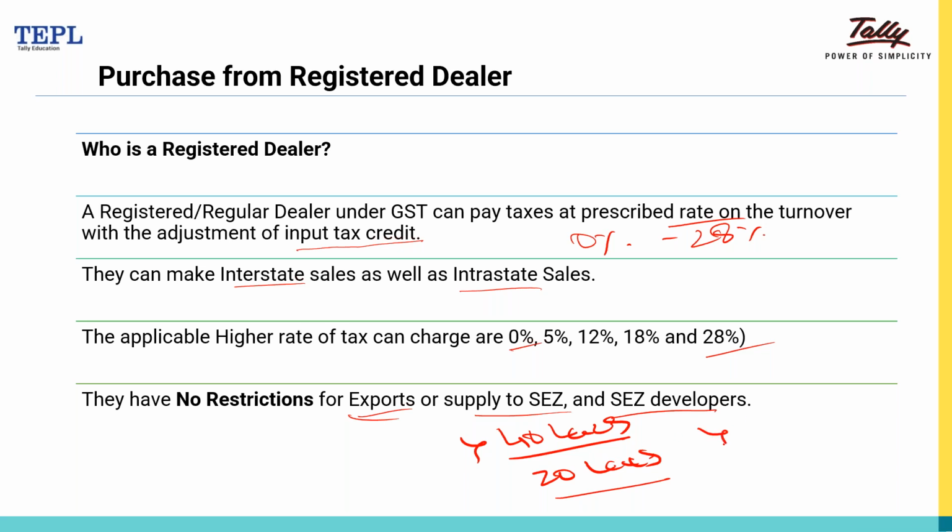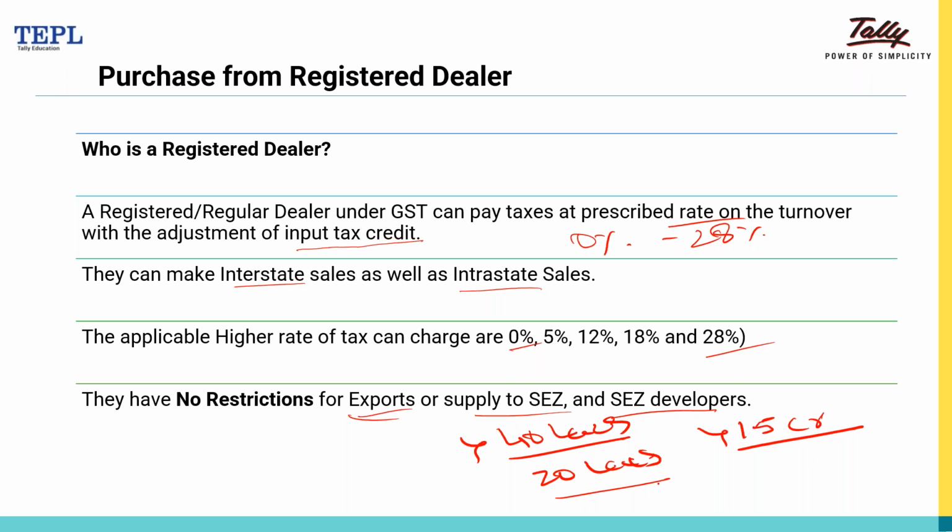But if your turnover is greater than 1.5 crore, then you don't have any option. You need to take registration under GST as a regular dealer. If your turnover is greater than 40 lakhs or 20 lakhs, you can opt for the composition scheme.